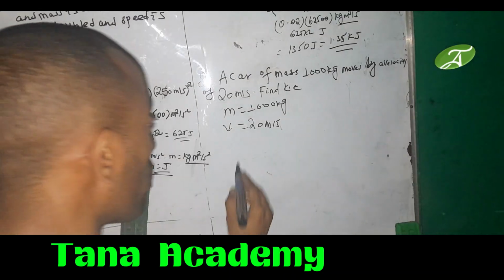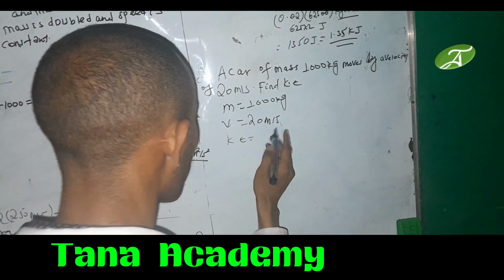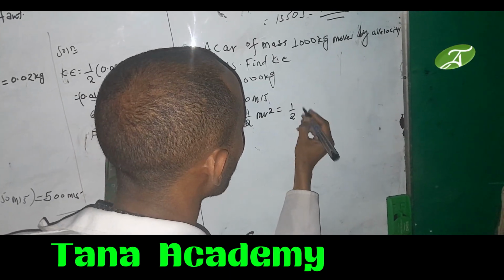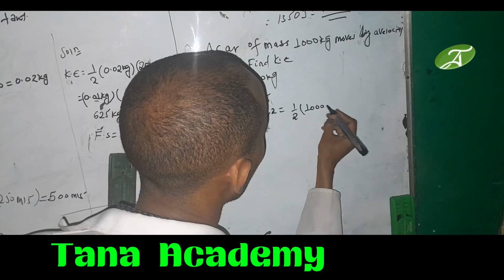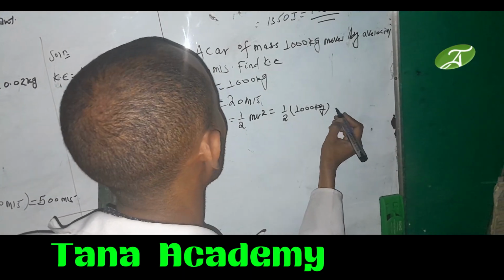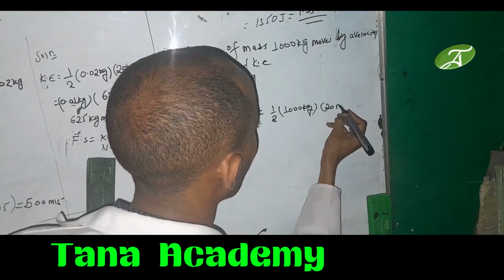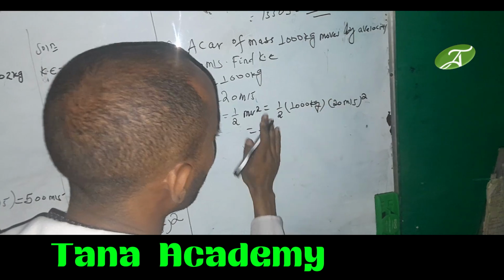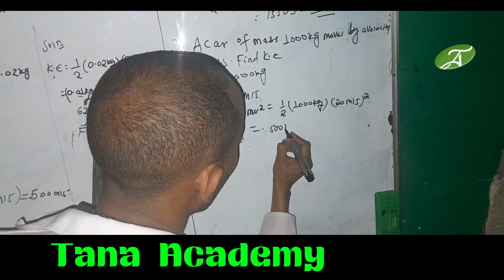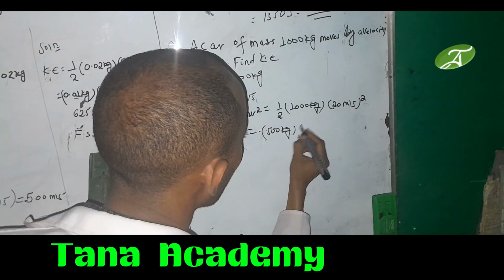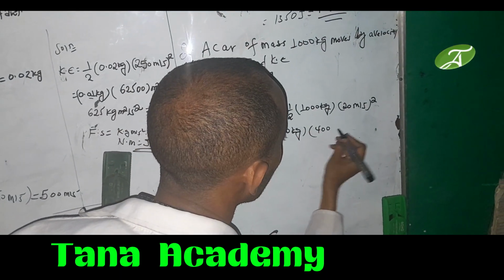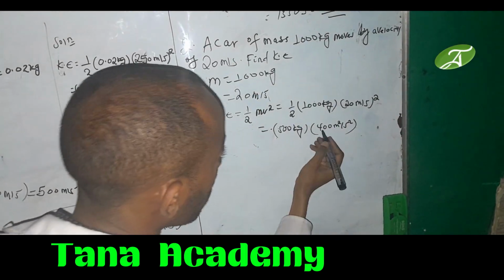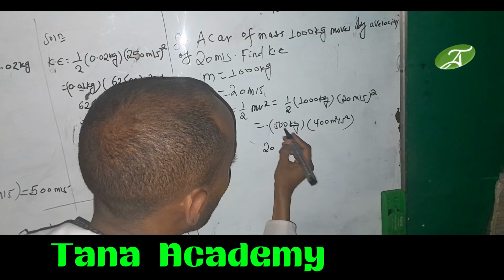Therefore, kinetic energy is equal to 1/2 mv square, equal to 1/2 mass, which is 1000 kilogram, speed 20 meters per second squared. It is equal to half of 1000, which becomes 500 kilogram, times 20 square, which becomes 400 meter square per second square. 5 times 4 becomes 20, and how many zeros? 4 zeros.